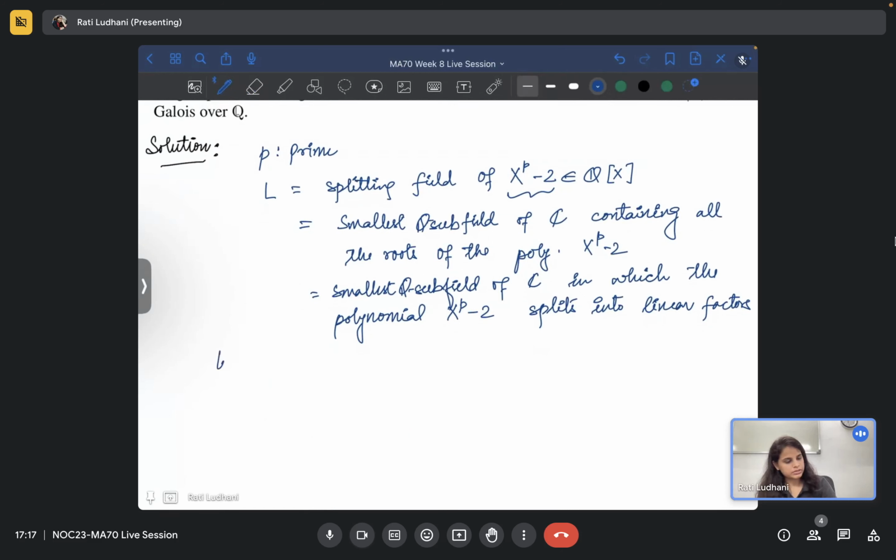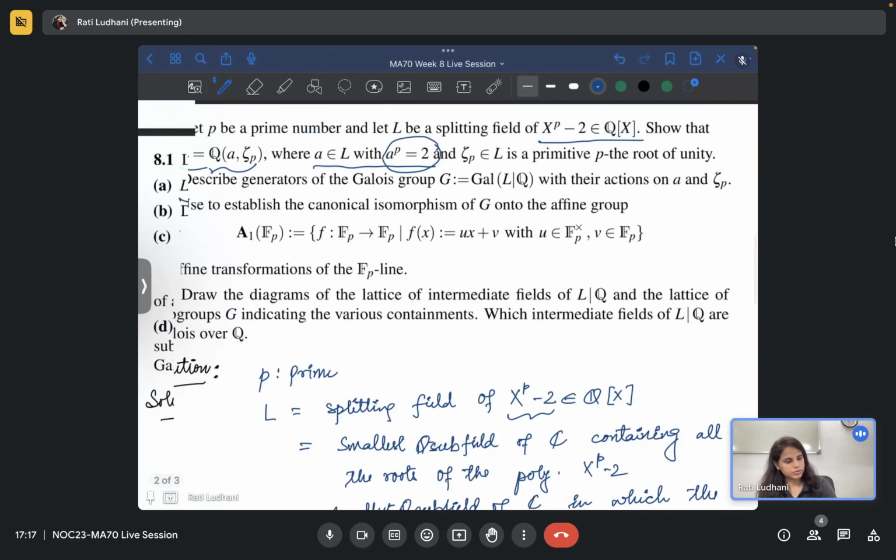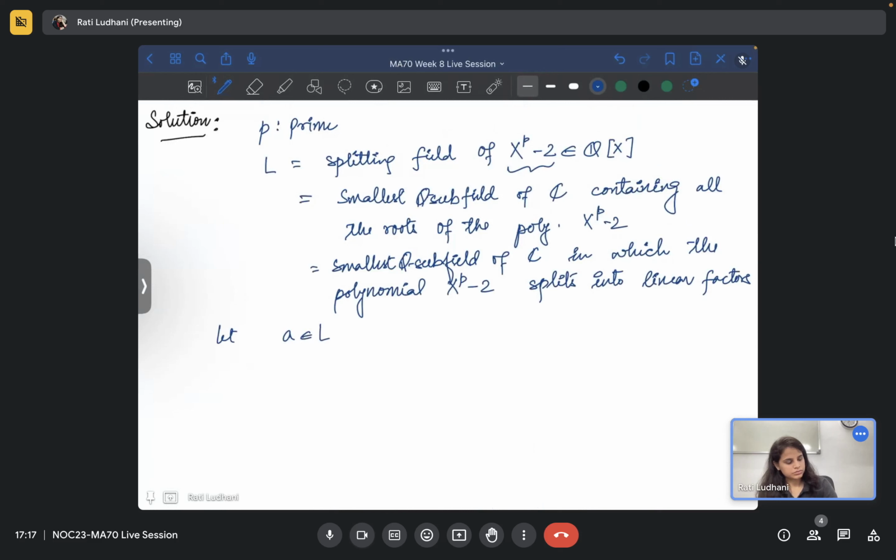Let A belonging to L be such that A raised to power P is equal to 2, as given, and zeta P denotes the primitive pth root of unity.